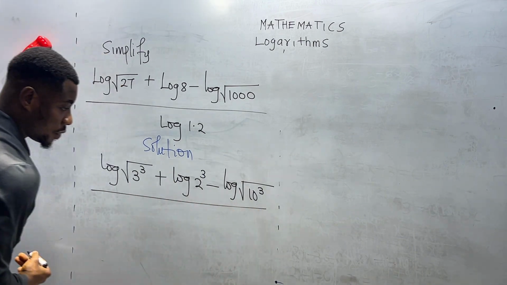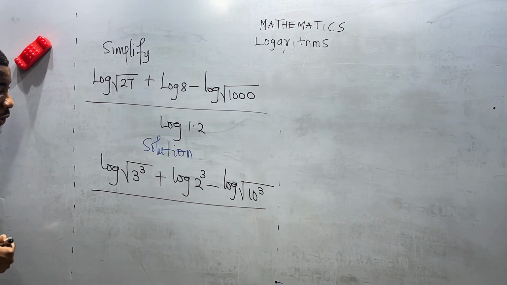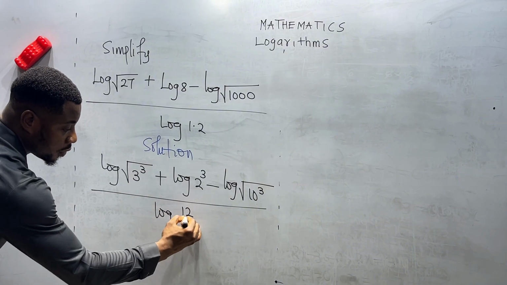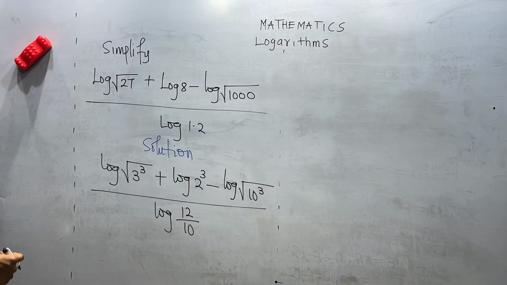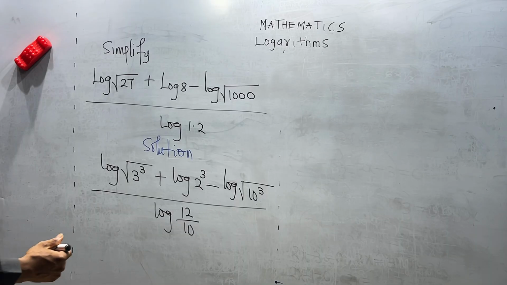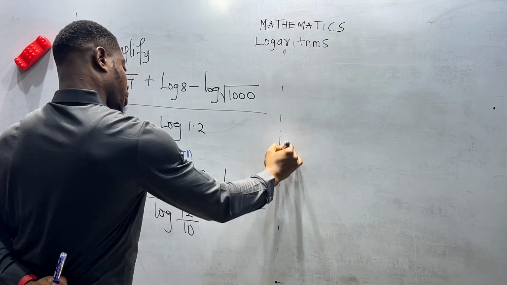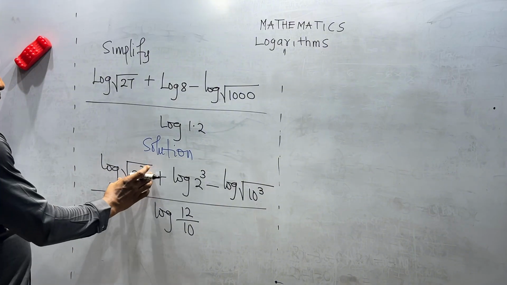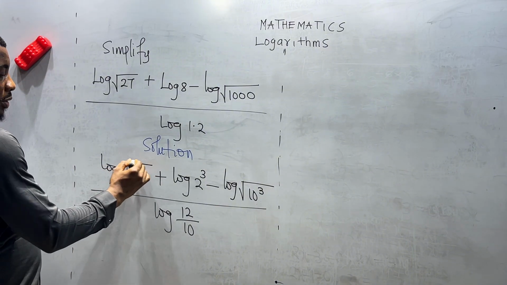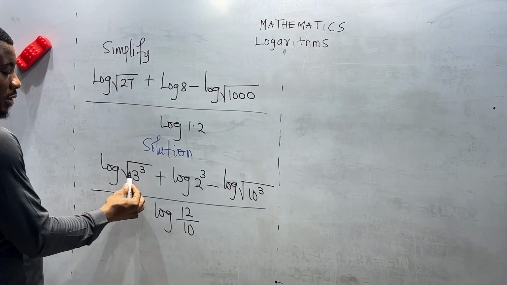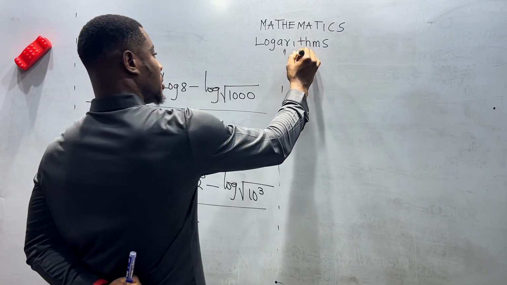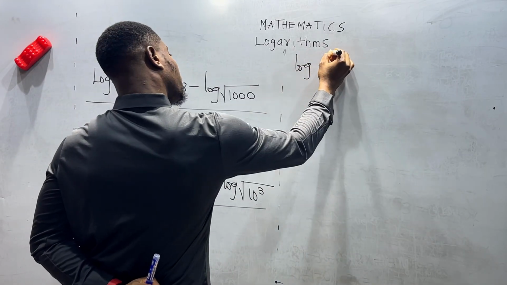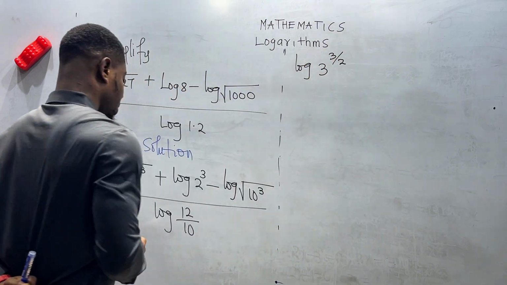Divided by. Also remember that 1.2 in fraction, we could write 1.2 as 12 divided by 10. Now, remember also that this is a square root. So in indices, I could write everything I have here as log of 3 to the power of 3 divided by 2, because it's a square root.